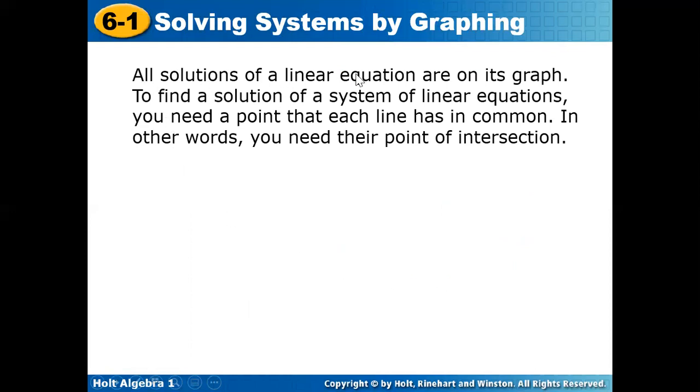All solutions of a linear equation are on its graph, which makes sense because the line is that linear equation. So to find a solution of a system of linear equations, basically you're looking for a point of intersection. So when you have a system of equations that is in point-slope form, which is what we have here, then you can graph both of those equations and determine if they intersect.